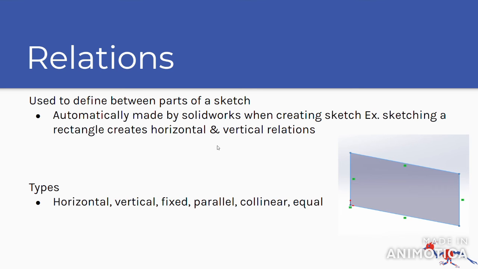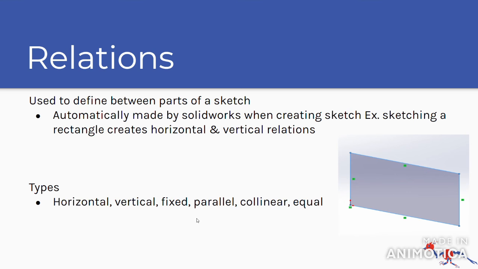So our last topic of today is going to be relations, and these are basically used to define parts of the sketch in comparison to the plane that it's on. Say this is on the front plane, you can see that it's centered here, and these little green things indicate relations: this one indicates it's horizontal, and these indicate that it's vertical in relation to the front plane.